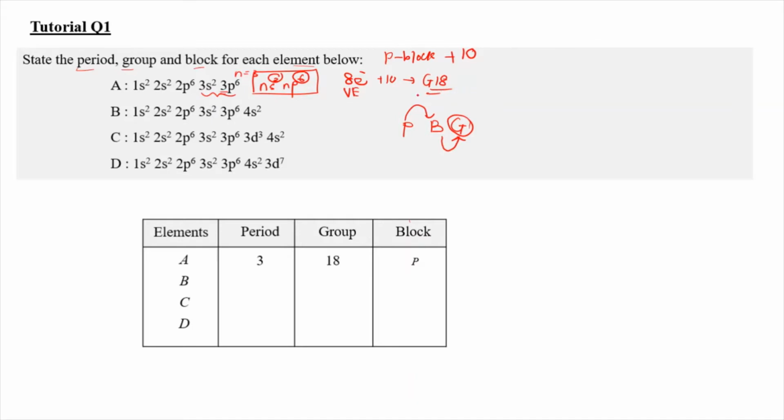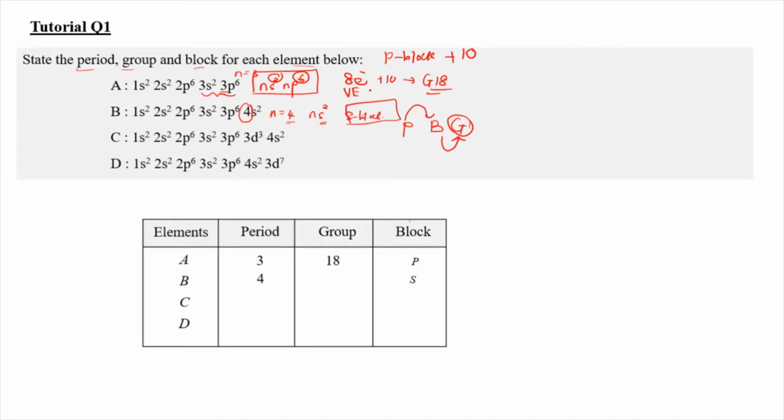Now we're going to use the similar method for element B. For element B, the highest principal quantum number is n equal to 4, so it is located in period 4. Because it has a configuration of ns2, it is located in the s block.